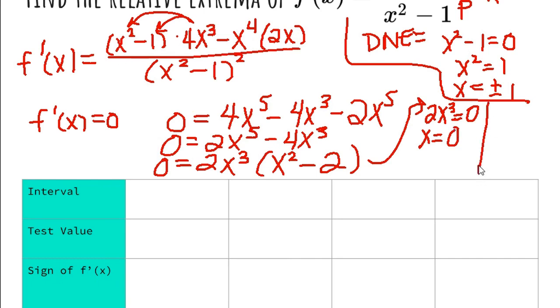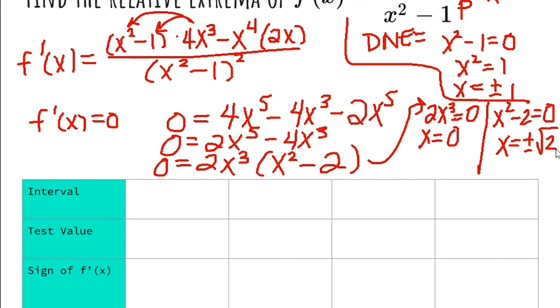And I get that x squared minus 2 equals 0, so x equals plus or minus the square root of 2. That's fun. All right, so the square root of 2 is approximately 1 point something. Let's see. The square root of 2 is approximately 1.4. So just a heads up on that.